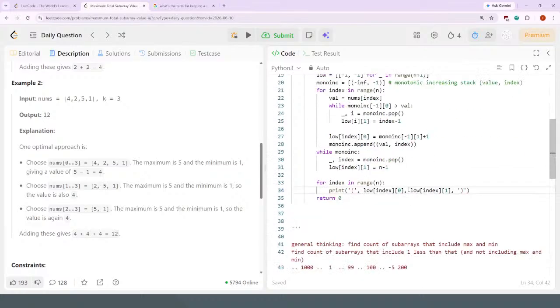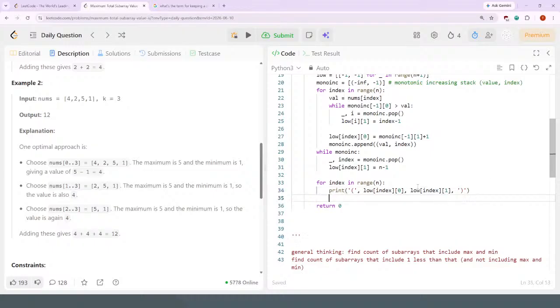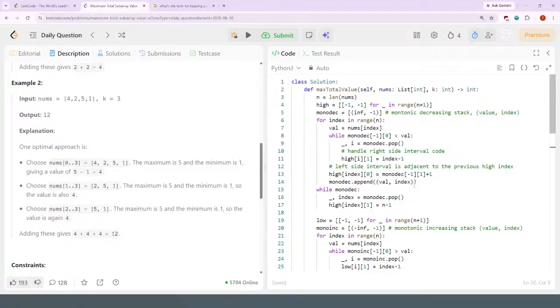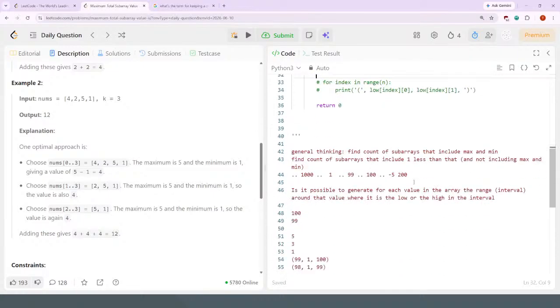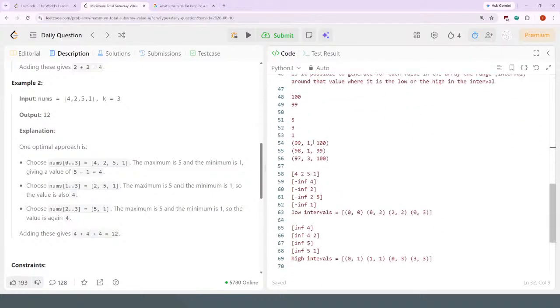Alright, so I have my intervals for each element. Now I just need to actually do the part where it combines the information.